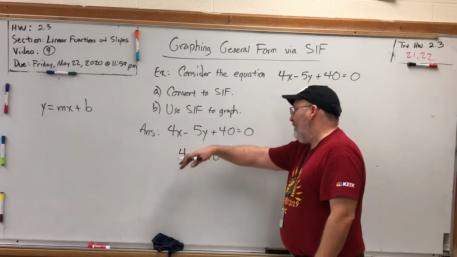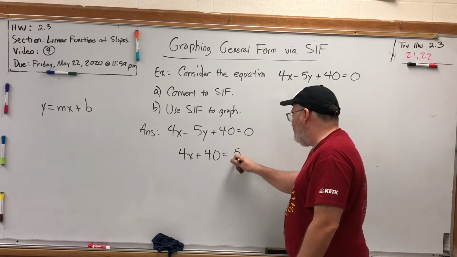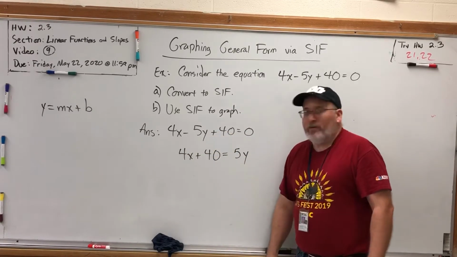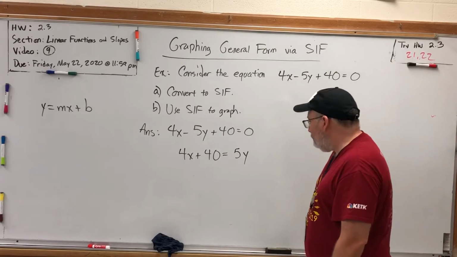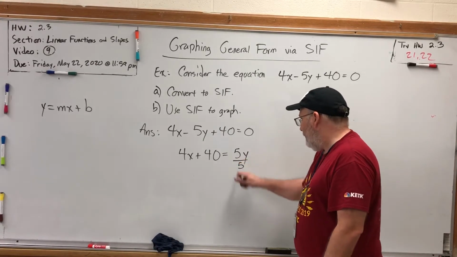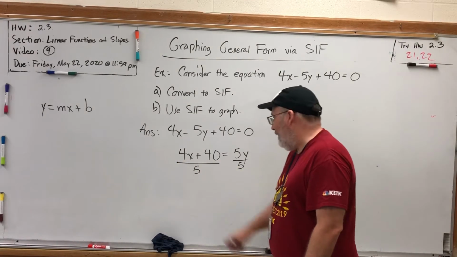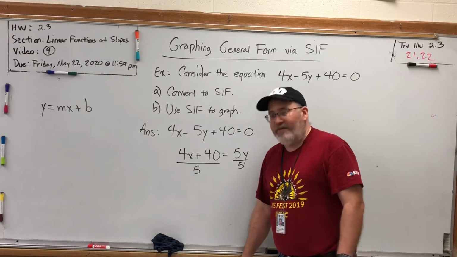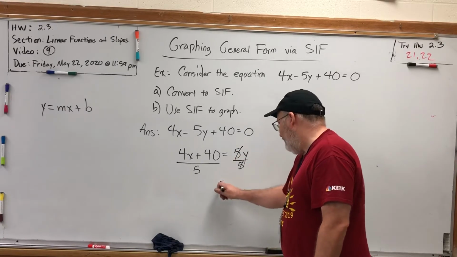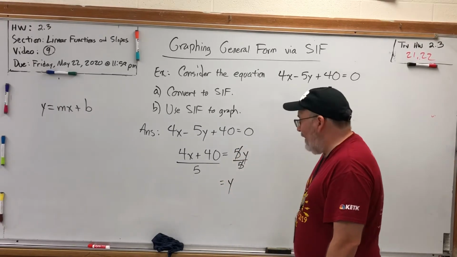And we'll move the 5y from the left to the right, which will make it positive. And now I have one more move for getting the y by itself. Divide by 5. Now be careful. If I'm going to divide 4x plus 40 divided by 5, I have to divide the whole thing by 5. So now I'm going to get y equals, y.